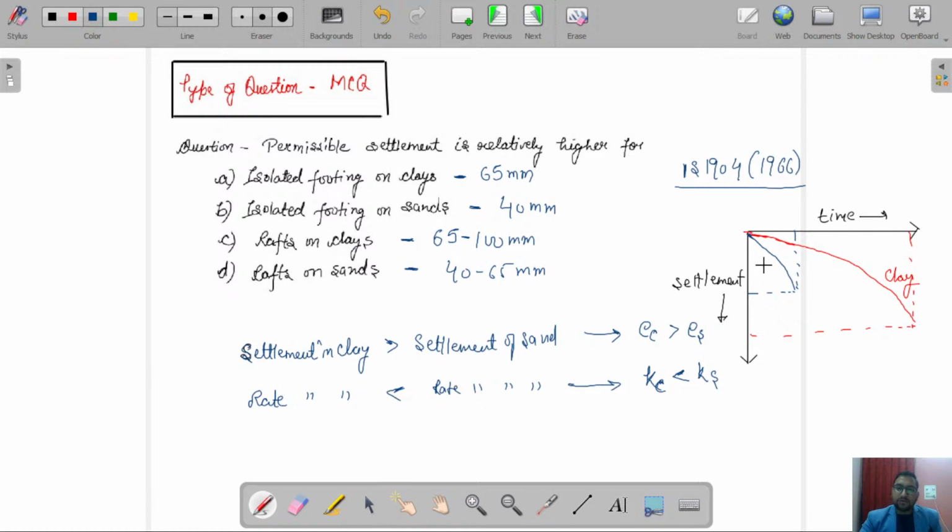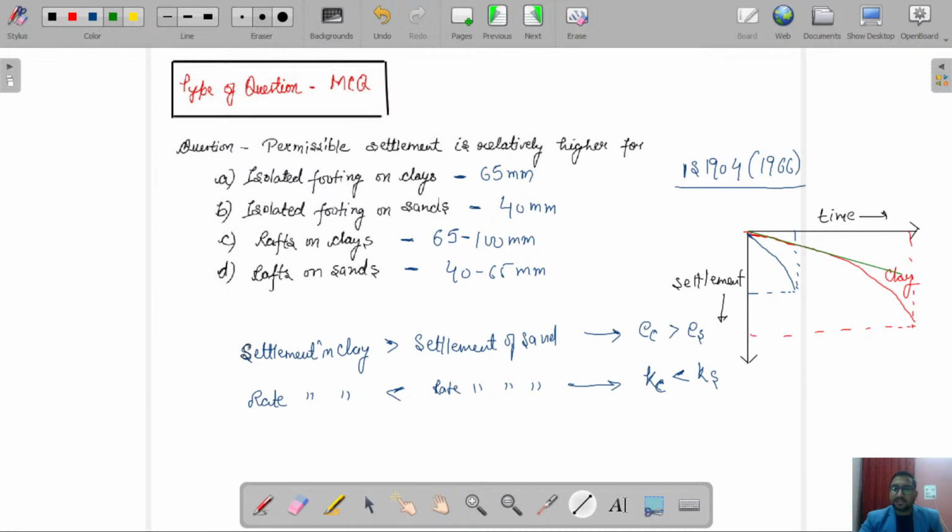Which part of this graph is going to give me the value of the rate of settlement? That will be the slope of this graph.